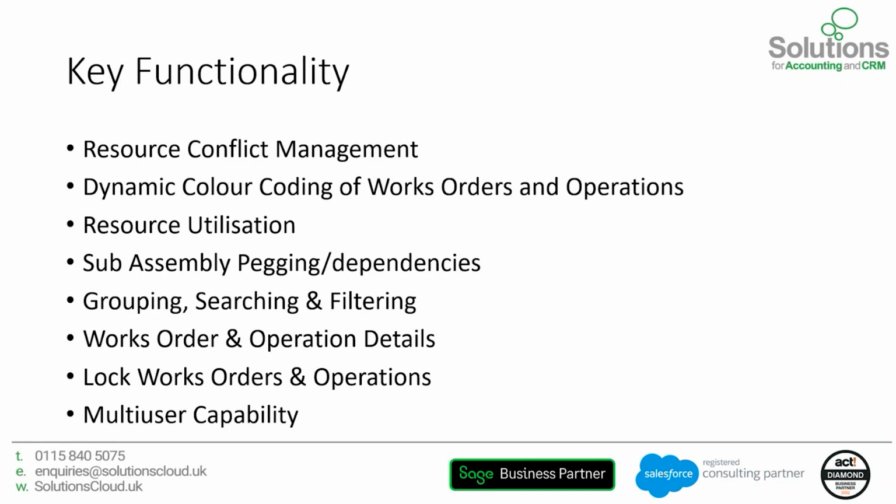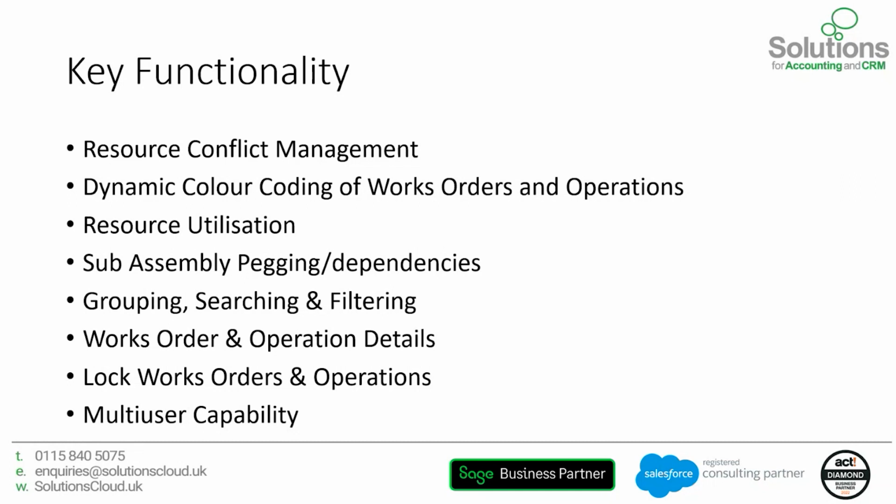And finally, the system is automatically a multi-user graphical planning tool. Obviously, that's controlled by access rights and user rights within the system. With the multi-user capability, what that means from a user point of view is the system will change each time somebody saves the information.